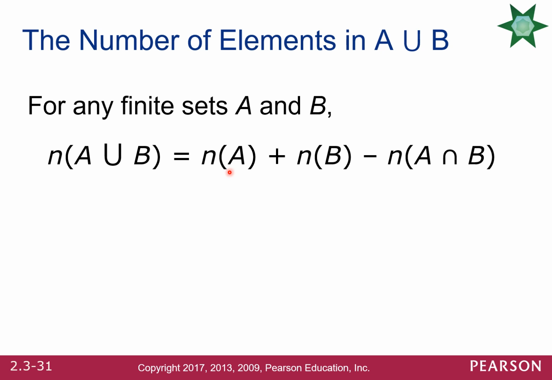N of A, that means the cardinal of A, plus the cardinal of B, minus the cardinal of A intersection B. In other words, the number of elements in A plus the number of elements in B minus the number of common elements between A and B would be the number of elements in A union B.